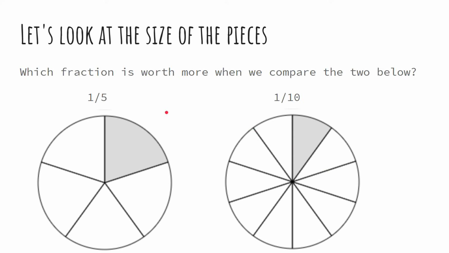Now in each situation I have highlighted one piece, but the sizes of these pieces are very different. So I want you to look at the size of the pieces and think to yourself, which fraction is worth more? Is it 1 out of 5 or 1 out of 10? These pictures are very important in this case to look at.